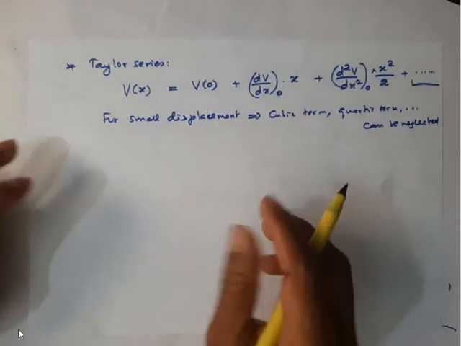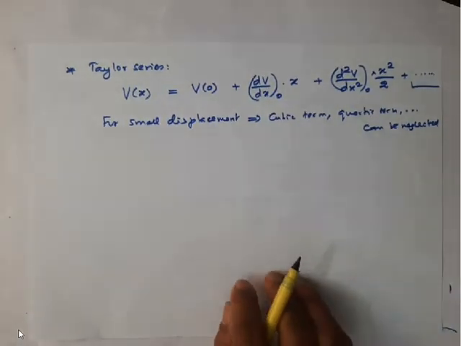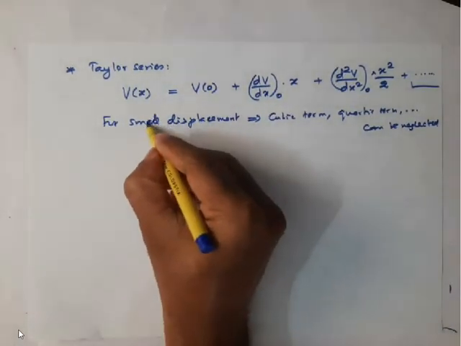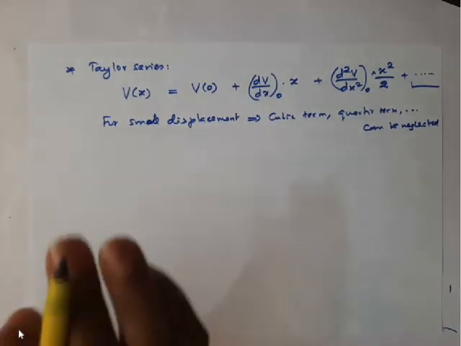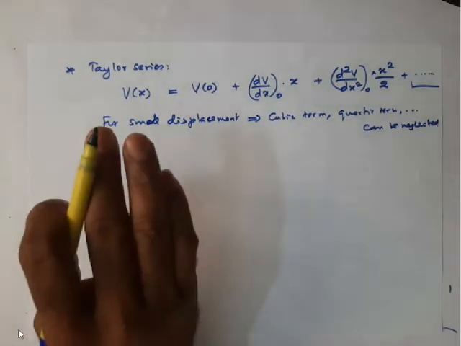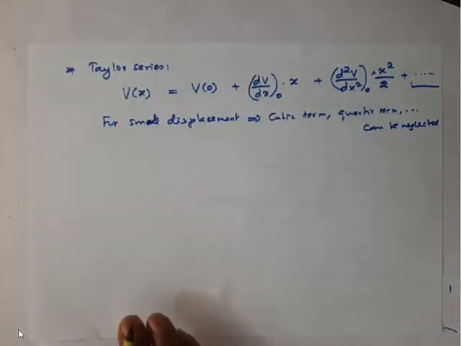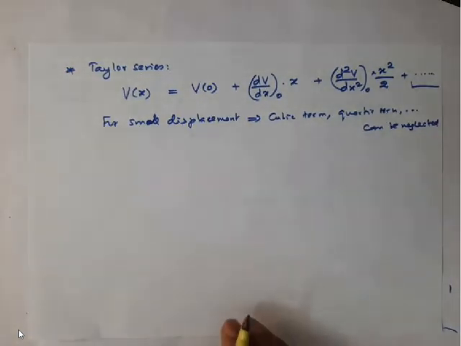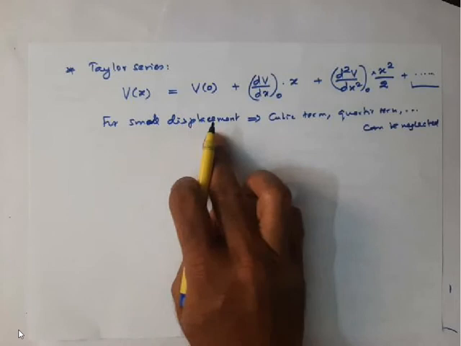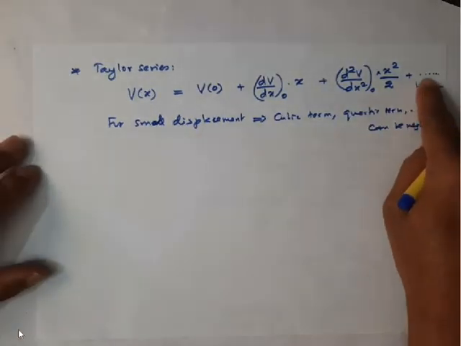Here I'd like to mention one thing. Actually, diatomic molecules cannot be perfect harmonic oscillators. Actual molecules are anharmonic oscillators, but for low displacement you can assume the molecule may behave like a harmonic oscillator. Under small displacement, the higher power terms become negligible.